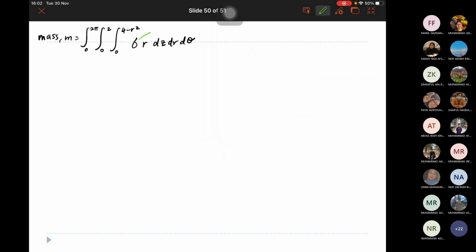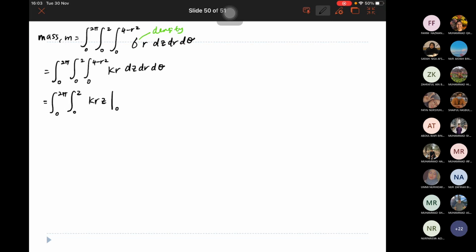So this is dia punya density, yang mana ianya adalah sama dengan satu constant K. So sama dengan integration 0 sampai 2 pi, 0 sampai 2, 0 sampai 4 tolak R squared, KR dz dr d theta. Okay, sama dengan integration 0 sampai 2 pi, 0 sampai 2, KRz dari 0 sampai 4 tolak R squared, dr d theta.